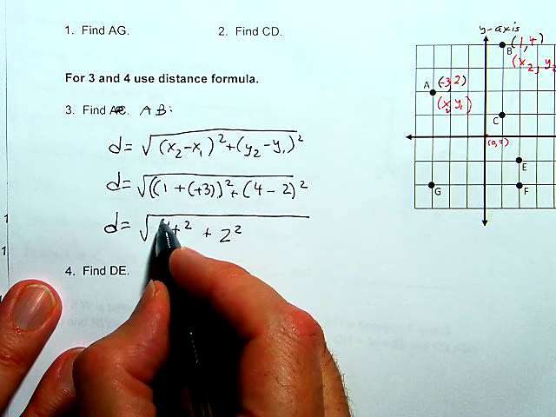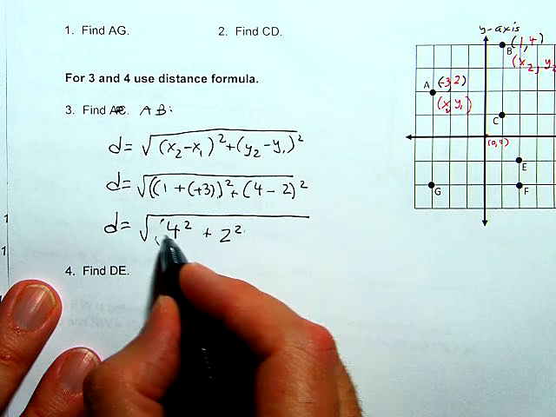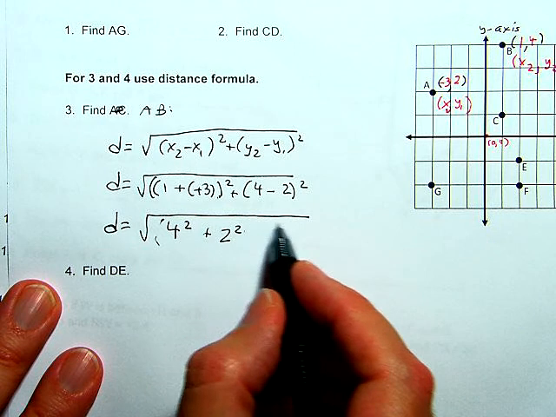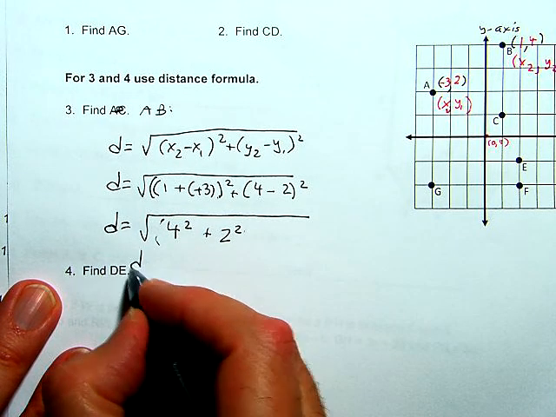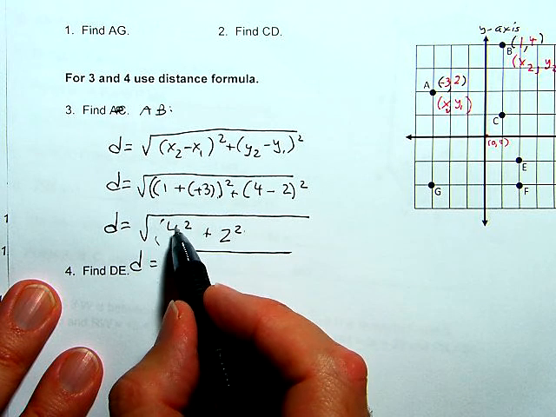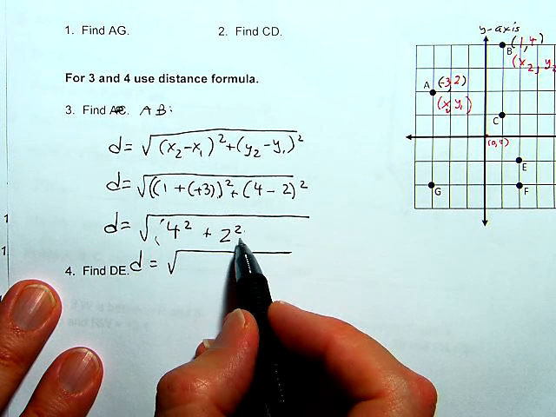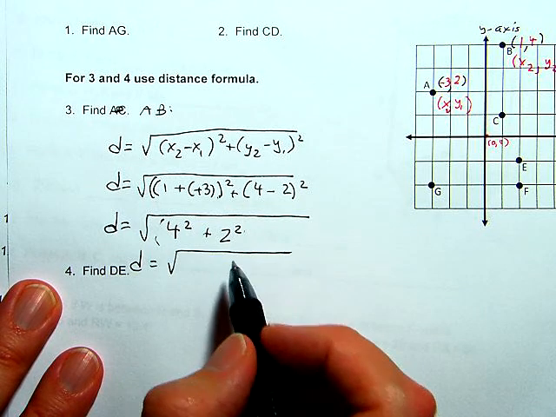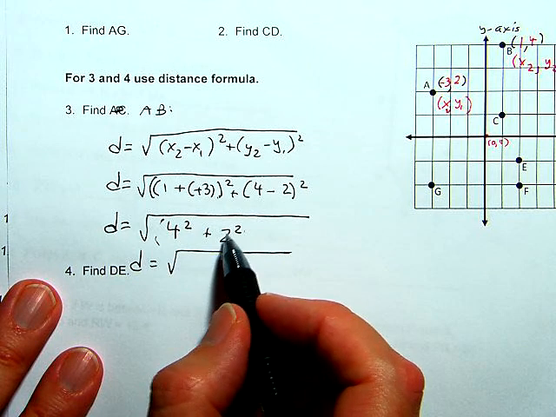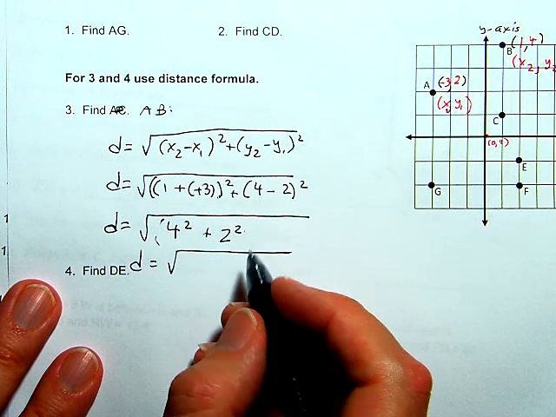But remember that this is sort of in a parenthesis by itself. You have to do this addition before you do the square root. But before we can even do the addition, we've got to evaluate the squares first. Because remember, in the order of operations, exponentiation comes before addition.